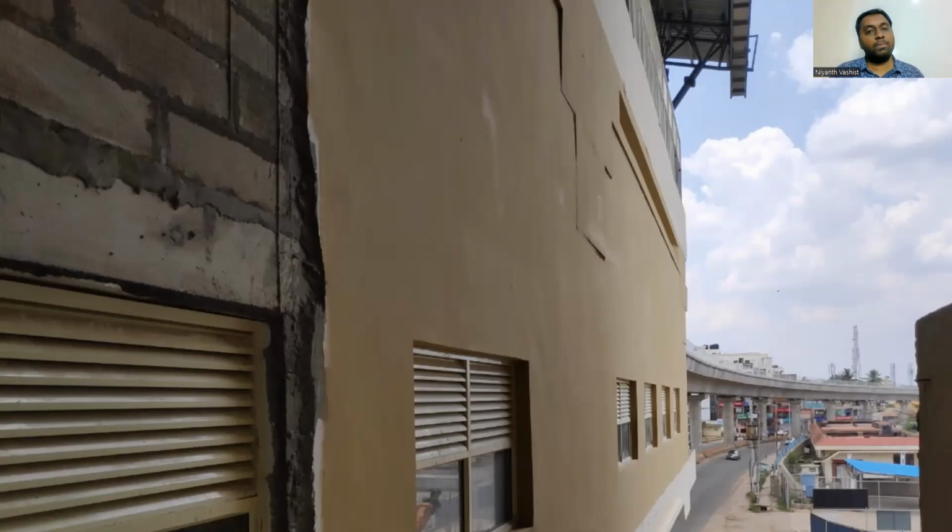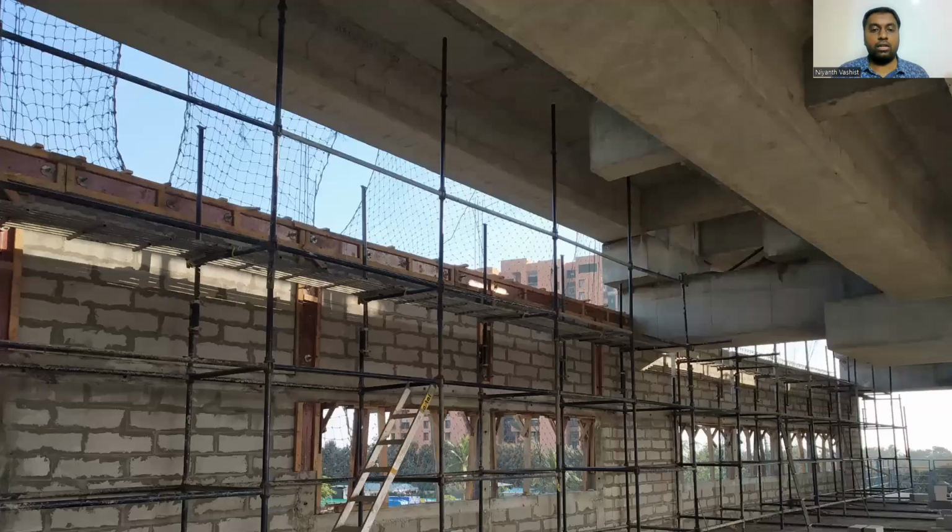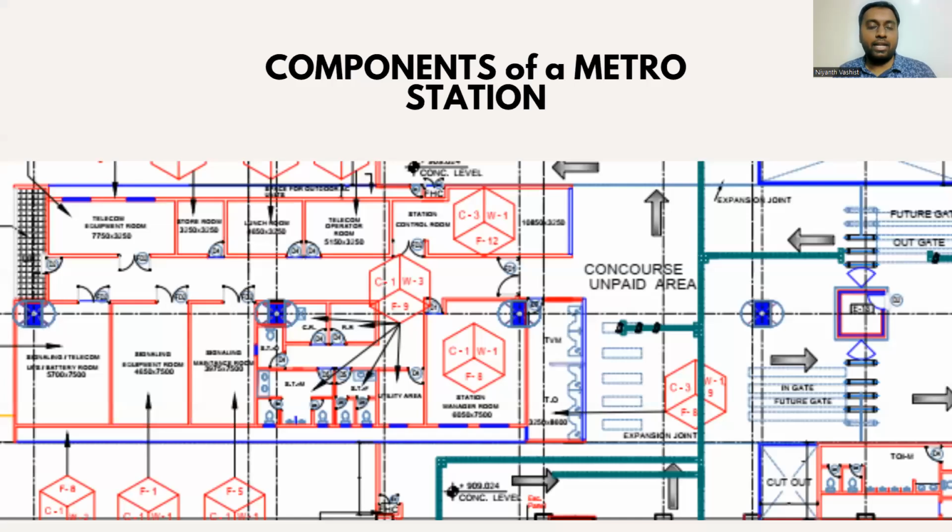That is why we had a concept called VDF, or vacuum dewatered flooring, in equipment rooms and in the normal floor, which is unpaid area and paid area. Here in the unpaid area and paid area, we had screed concreting, and in the equipment rooms, we had vacuum dewatered flooring or VDF.